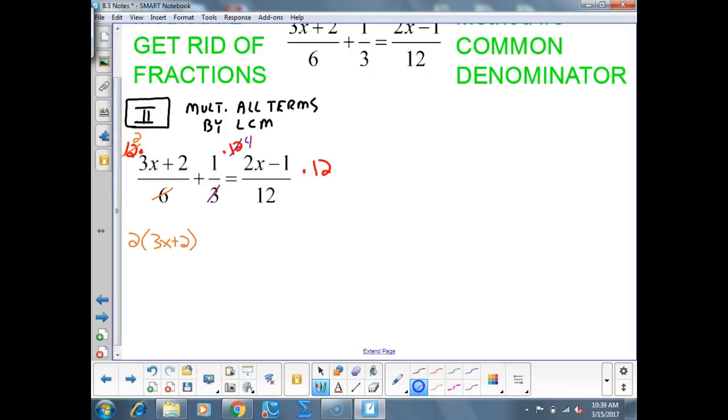So this becomes plus 1 times 4. 12 divided by 12 is 1. So this becomes 2x minus 1.